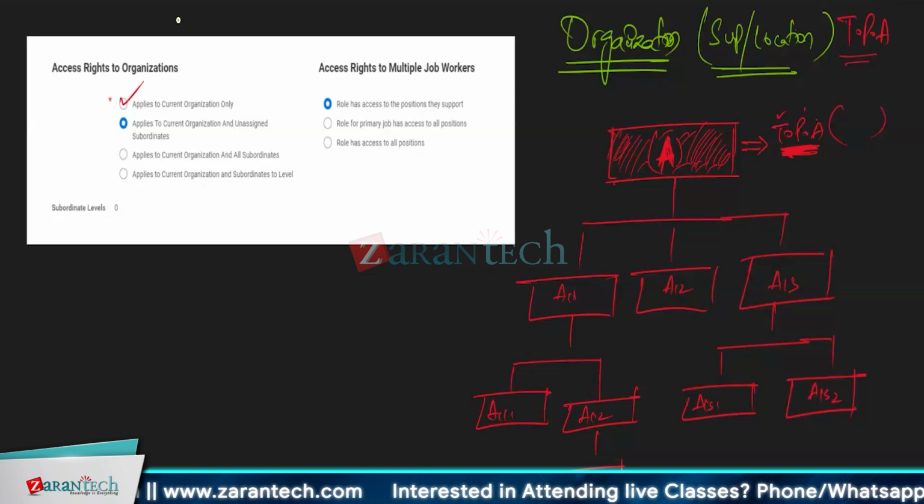Okay. Now, if I select the second option, it applies to current organization and unassigned subordinates. So what does that mean?